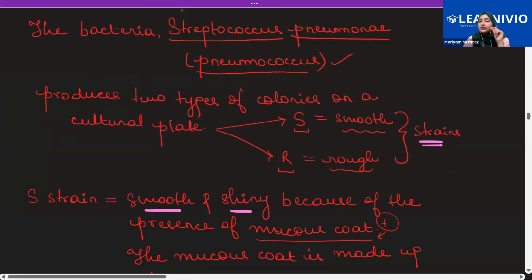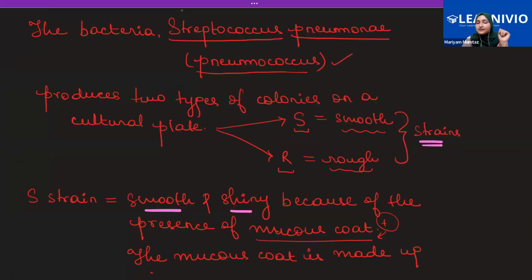Now, this smooth and rough, if you remember the class 11 cell chapter, you might have studied about the slime layer, the glycocalyx. You remember? Cell wall, slime layer, glycocalyx, which was like the extra protective layer. It gave the bacteria a very glistening or shiny type of surface.